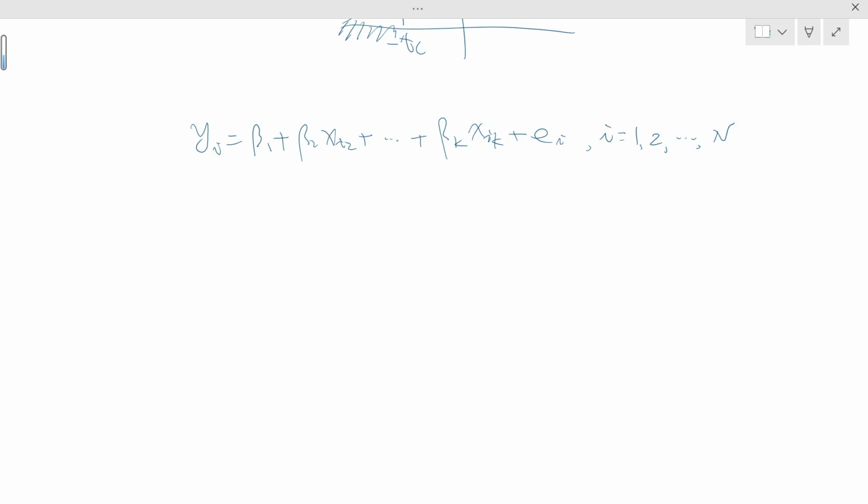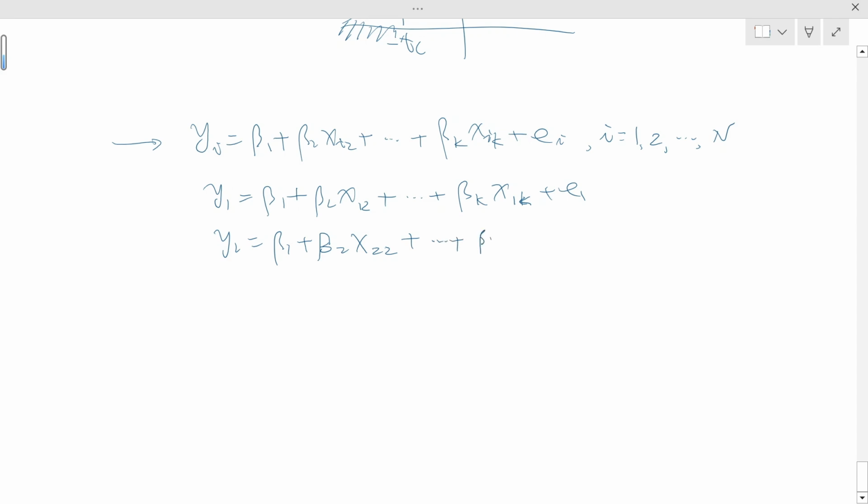Now you should know that we actually have n equations here: y1 is beta 1 plus beta 2 x12 and so on plus e1, then y2, and so on up to yn.